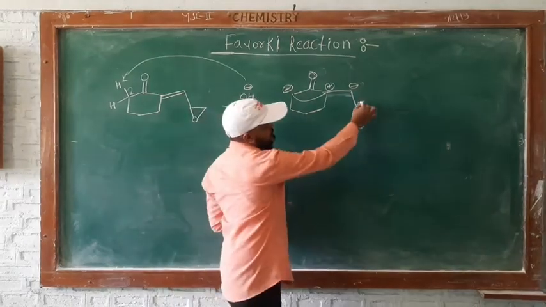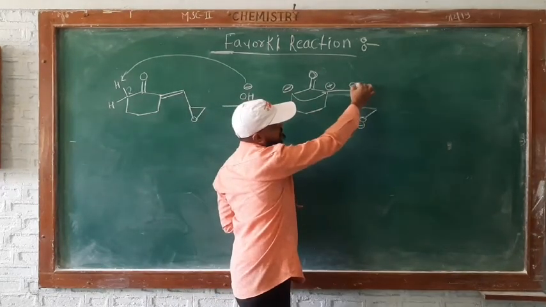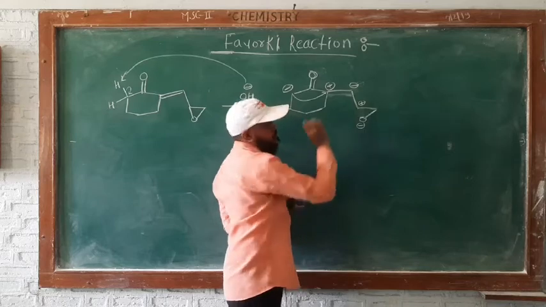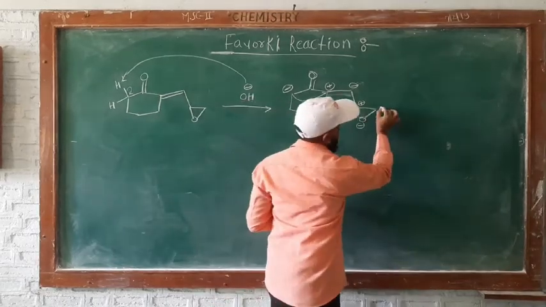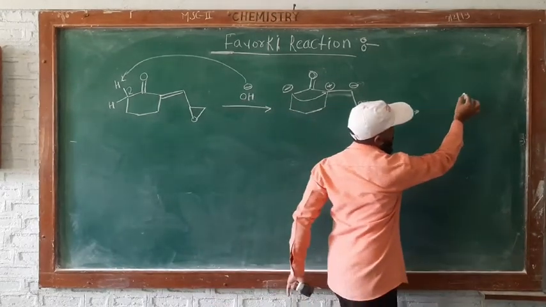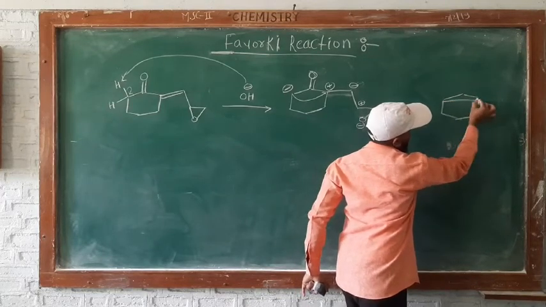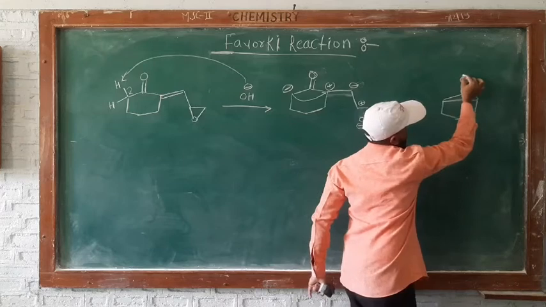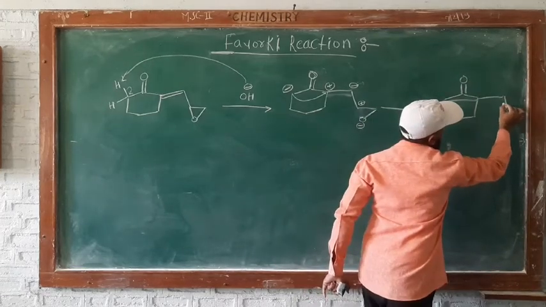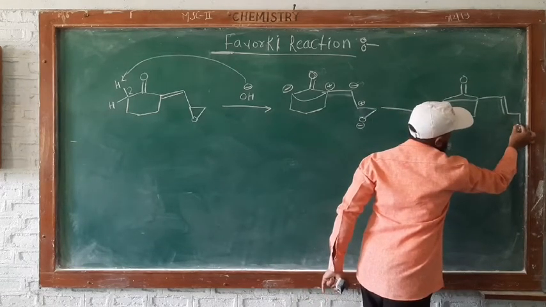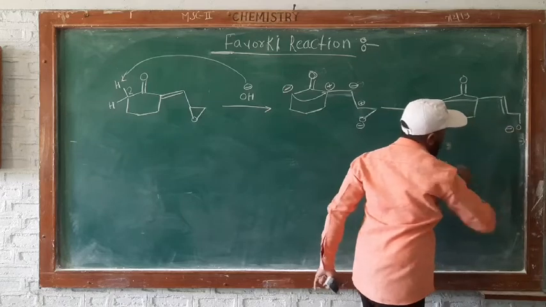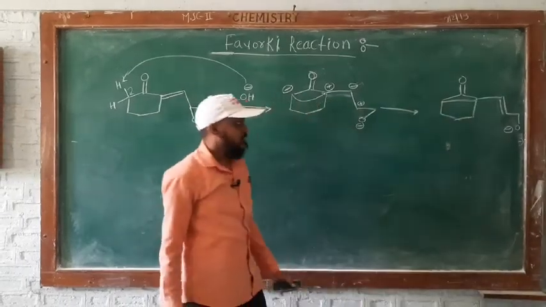Also, here a pi bond will be generated between the negative and positive charge, so we will get this type of intermediate like that. Here one bond will be generated and also one pi bond will be generated. So we will get this type of intermediate product.